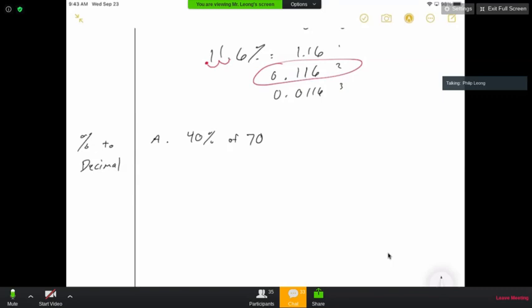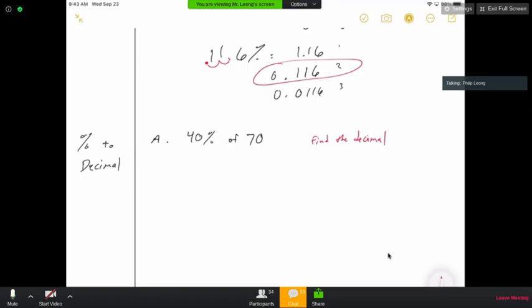40%. So this is what I'm going to do. First thing is I'm going to find the decimal. What do I mean by that? Where is the decimal on 40? Is it before the 4, between the 4 and the 0, or after the 0? Okay.